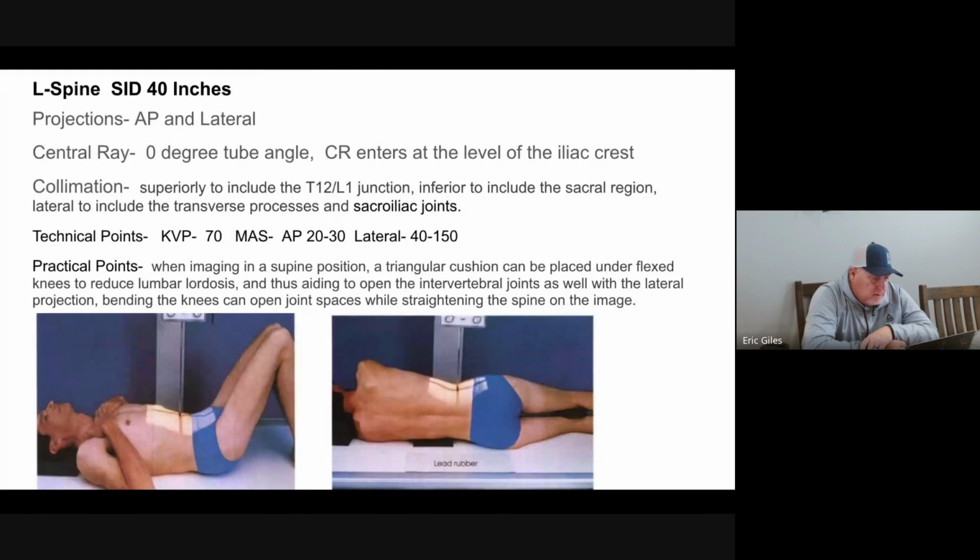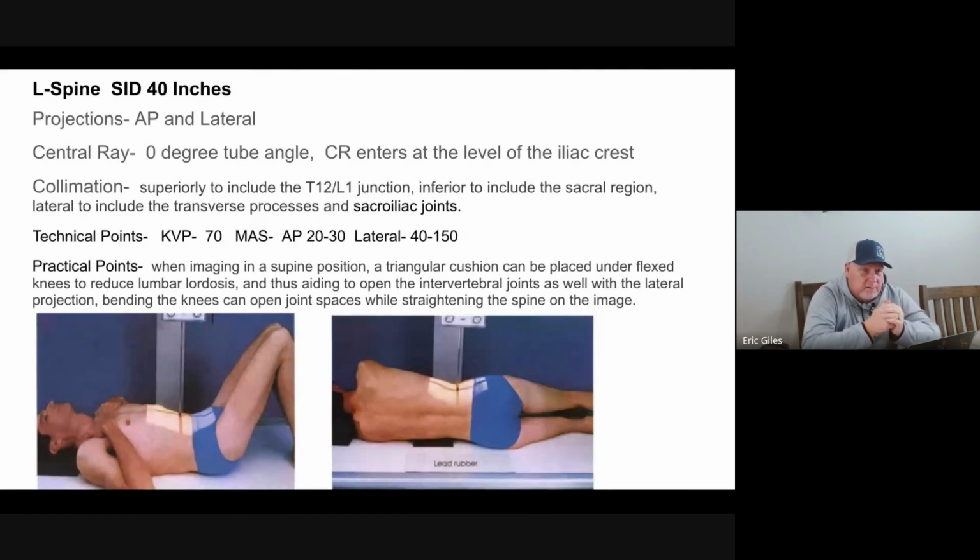On the lateral, we actually want to see the spinous processes, which come off the back of the spine, and the entire lumbar vertebral bodies. We're going to shoot these at 70 kVp, the AP between 20 and 30 mAs, lateral between 40 and 150.